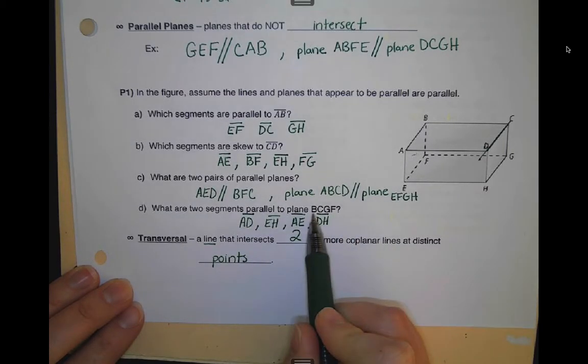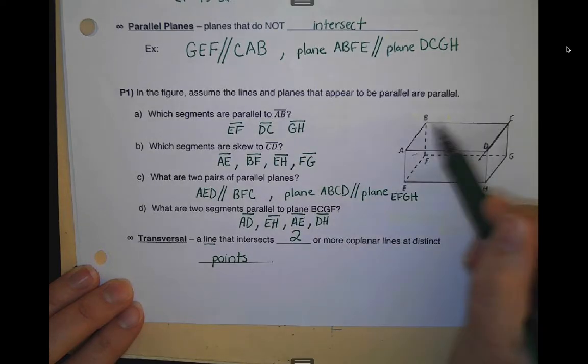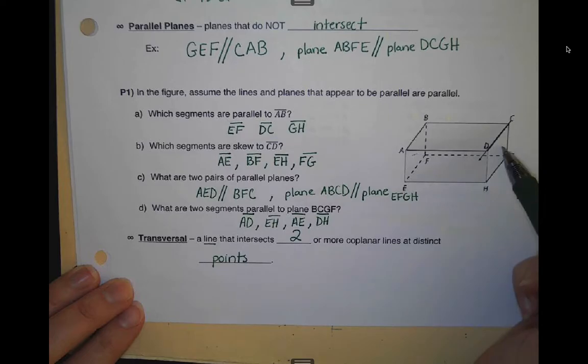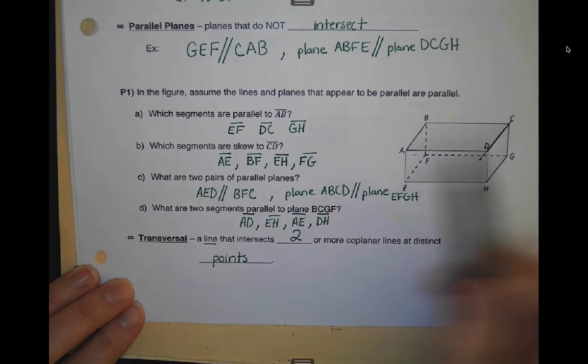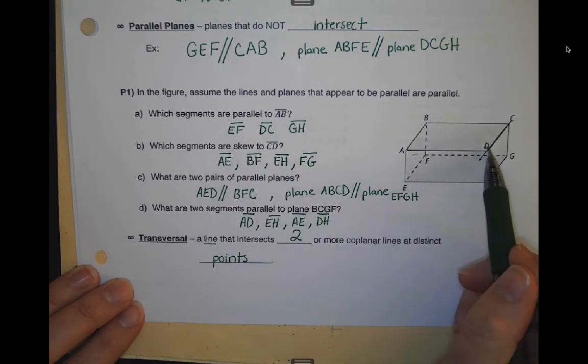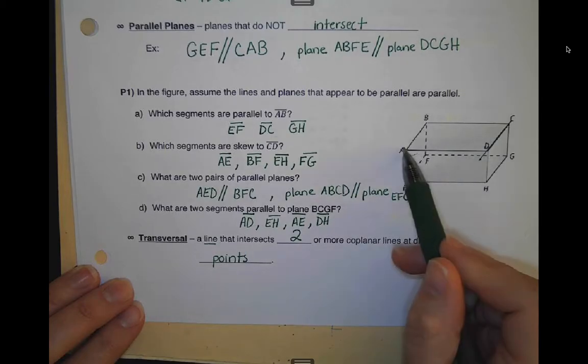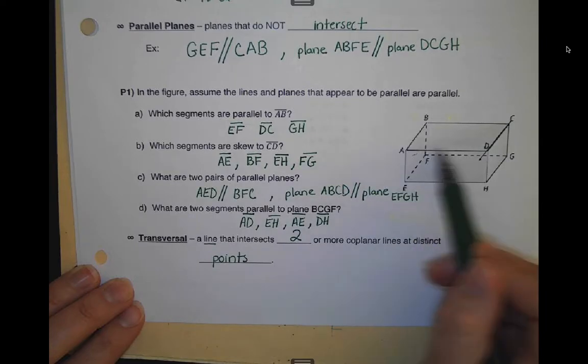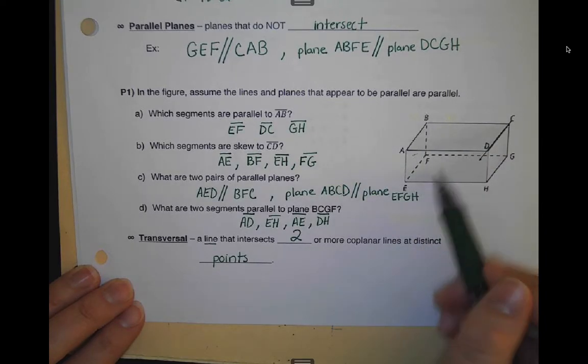So let's look where this plane is. BCGF is kind of the back plane. And I named segments that form this front plane. So it makes sense. These two planes are parallel, which means any segment on that front plane would also be parallel.